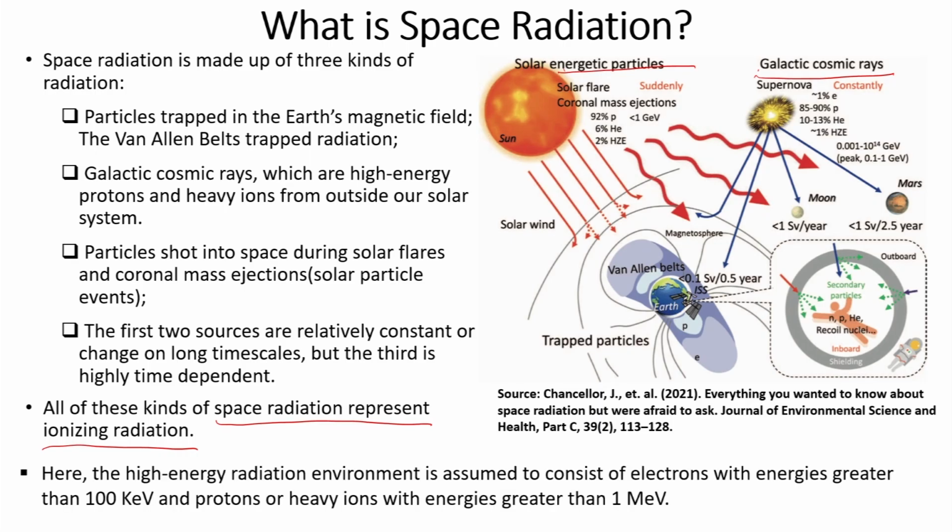So, here the high energy radiation environment is assumed to consist of electrons with energies greater than 100 kilo electron volts. This is important. And protons or heavy ions with energies greater than 1 mega electron volt.